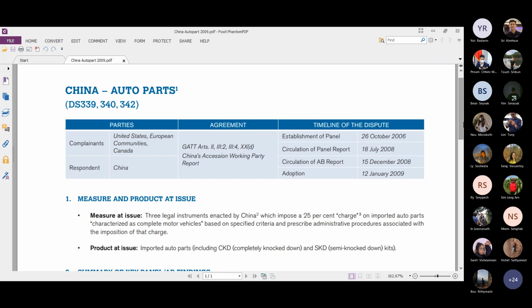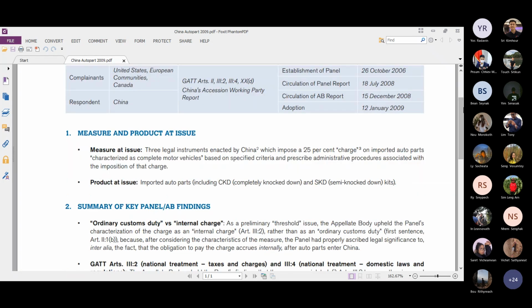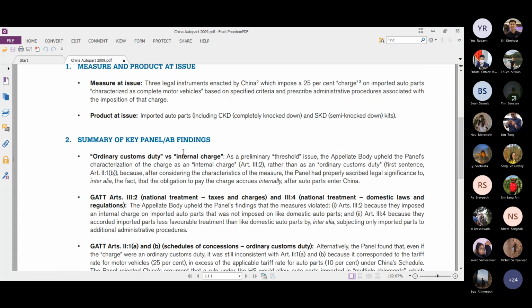Okay, so let's see the key interpretations by the Appellate Body. The keywords are ordinary customs duty and internal charges. Again, Canada, EU, and US accuse China of imposing customs duty, but in fact, China did not impose customs duty.